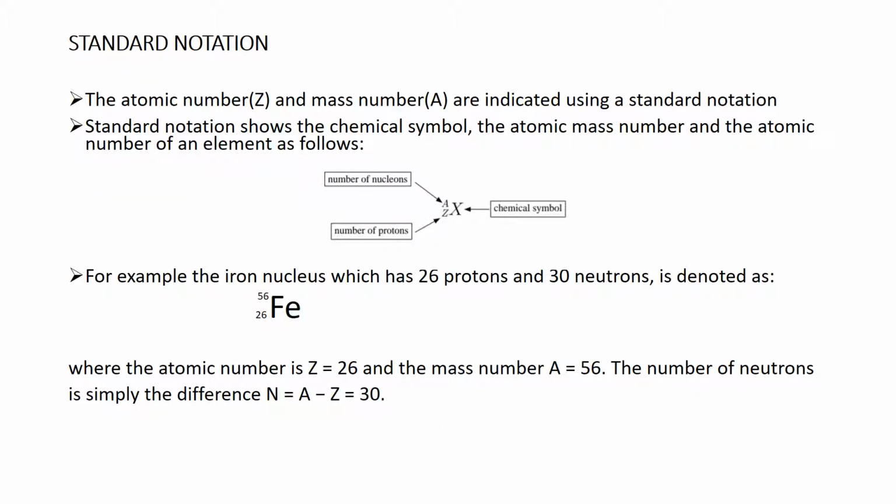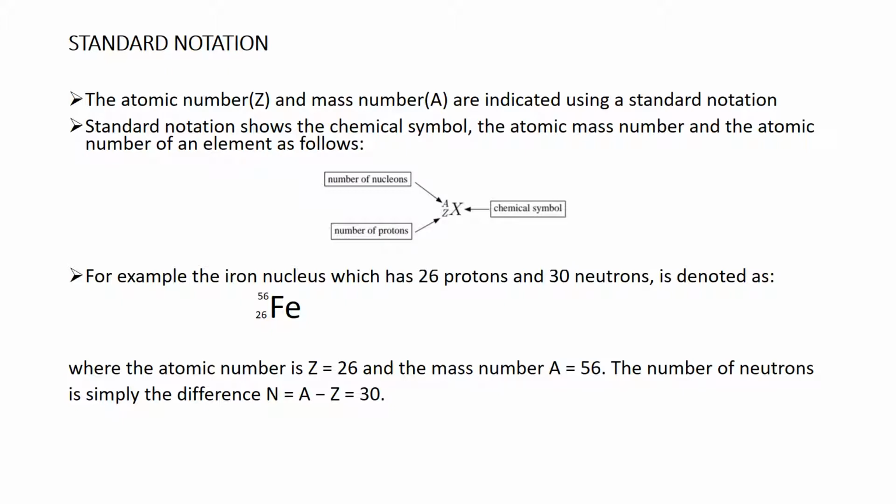Let's move on to standard notation. The atomic number, which is also the number of protons, and the mass number are indicated using a standard notation. Standard notation shows the chemical symbol, the atomic mass number, and the atomic number of an element as follows. We write the chemical symbol like that, so that the big X represents the chemical symbol.